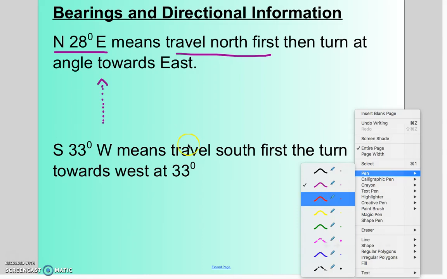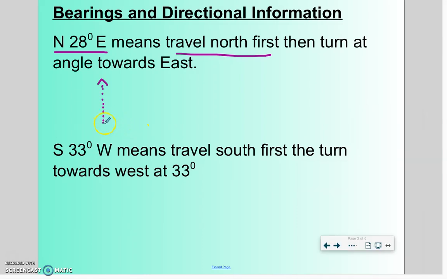So my initial is straight north first, and then I'm turning my new angle east, since it's never eat shredded wheat. So we go north first because that's the letter represented first, and then we go 28 degrees to the east. That's representing the distance between the north and the new terminal ray.